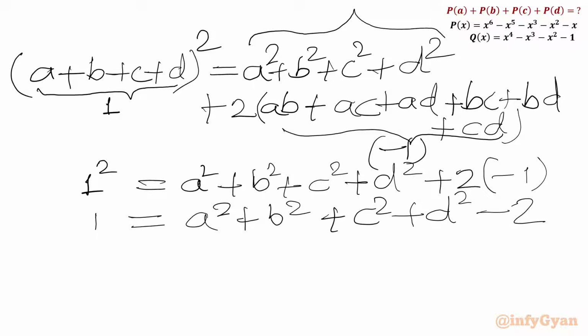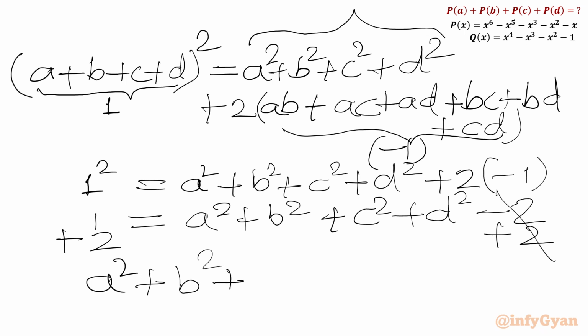Now we will add 2 to both sides. Minus 2 plus 2 will be over from the RHS, and we get a square plus b square plus c square plus d square equal to 3. So our major task is done.